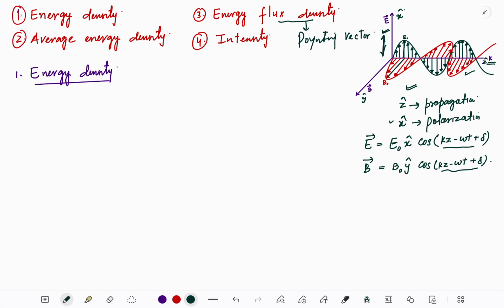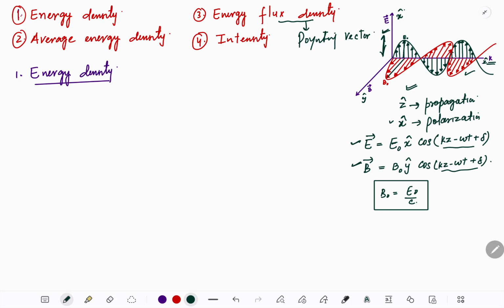I hope you have seen the videos, but if you haven't, that's completely fine. We can proceed. I hope you know these two basic equations, where B naught is actually E naught by c. These are certain fundamental things. Now let's proceed. What is the energy density?